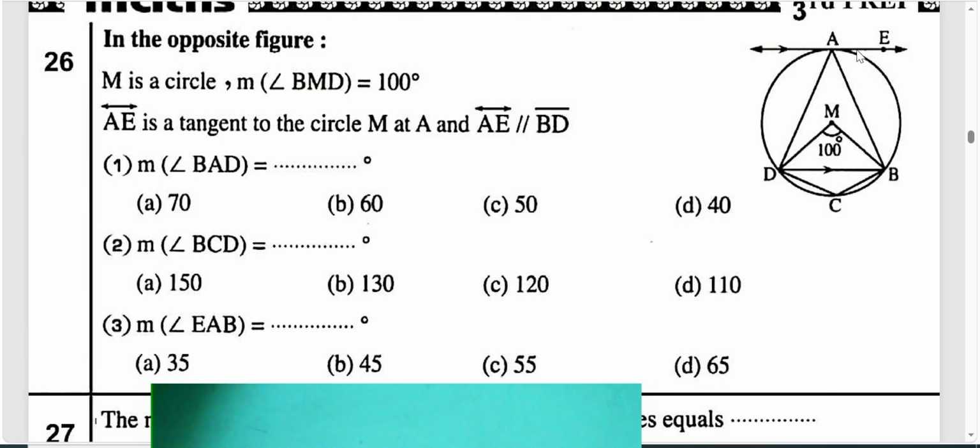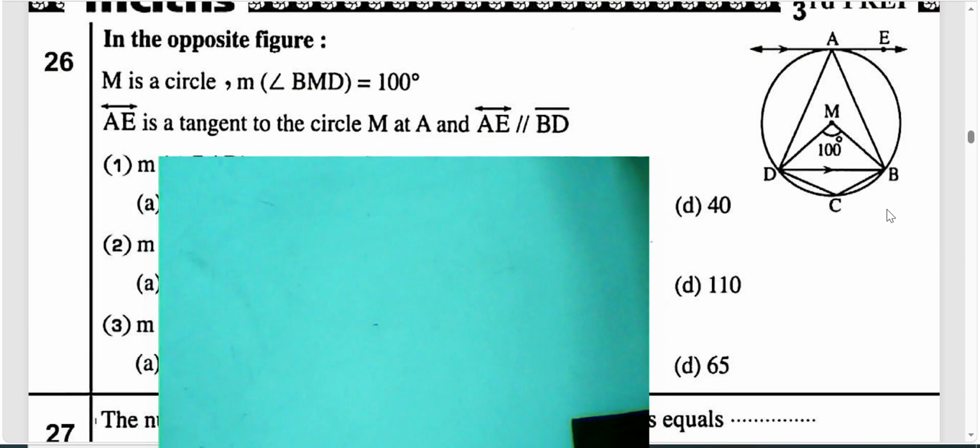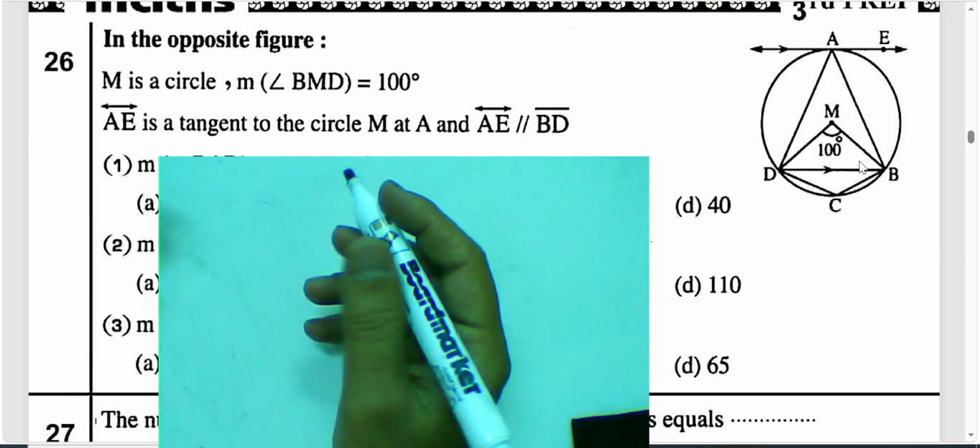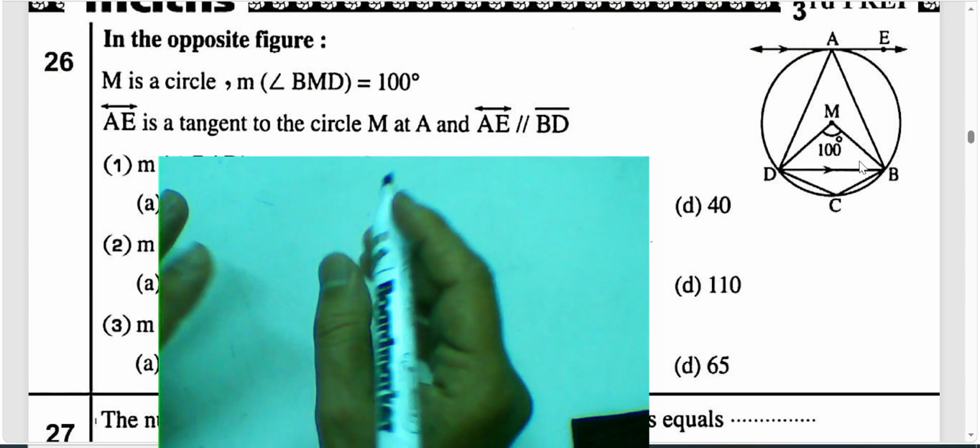Also, EB is parallel to DB, so the measure of arc EB is equivalent to the measure of arc AD. Arcs are equal, then EB equals AD, then we have an isosceles triangle here. The measure of angle B will be 180 minus 50, divided by 2.